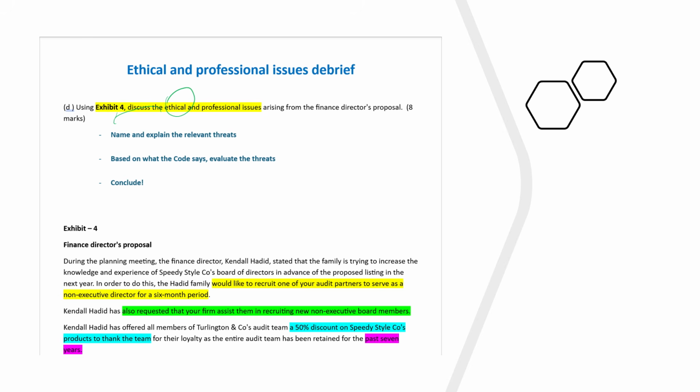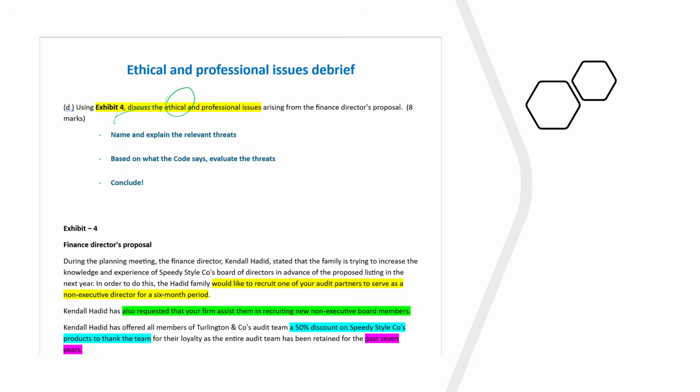Based on the guidance given by the code, you evaluate that threat and then you conclude. Please don't forget to conclude, because this is where your easy professional skills marks are in addition to your technical marks. So the conclusion could either be we can do this with XYZ safeguards, or the conclusion can be we cannot do this because the threat is so significant that no safeguard can manage this.